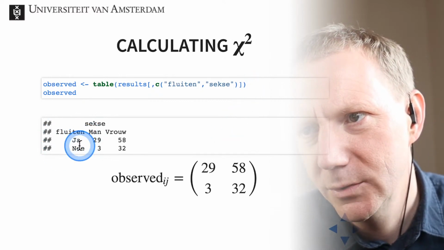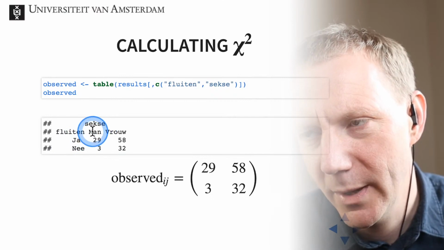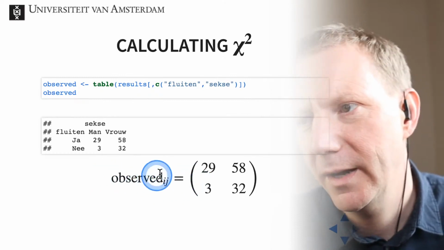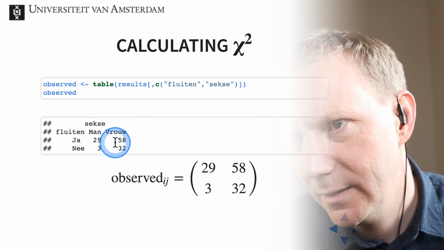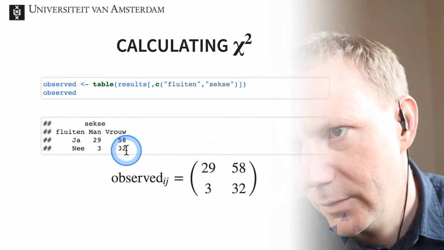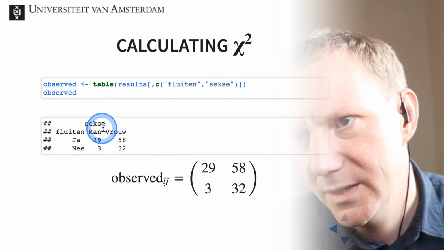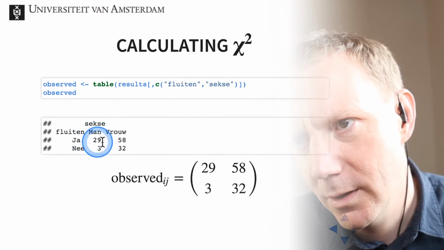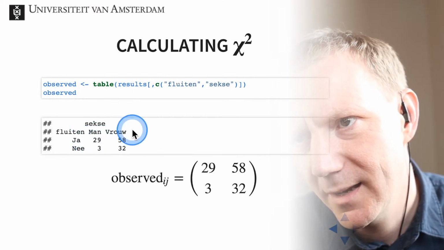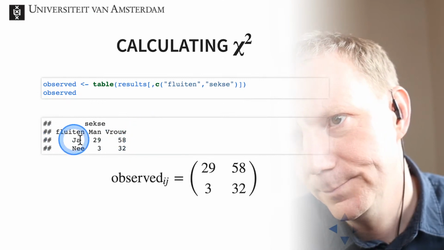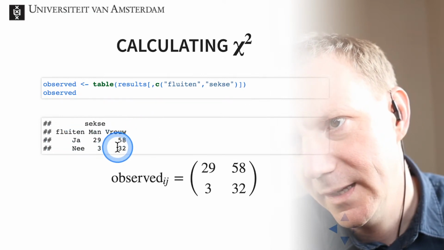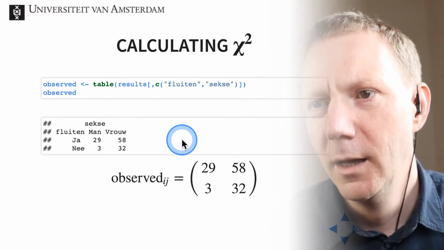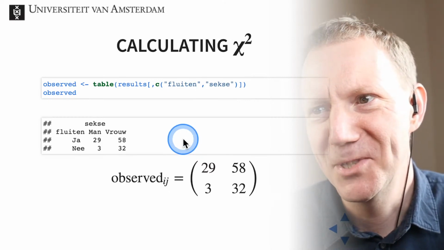It could be yes or no to whistle, and you could be either a man or a woman. So the observed frequencies that we find are 29, 58, 32, and 3. So that means there are only 3 men that can't whistle, and there are 29 men that can, and the women report that 32 of them cannot whistle. So maybe Simone is on to something, right?